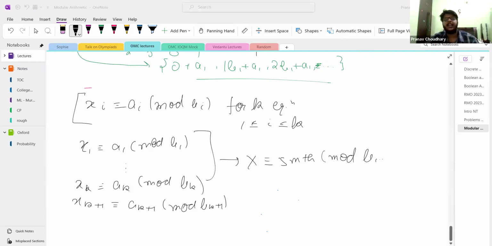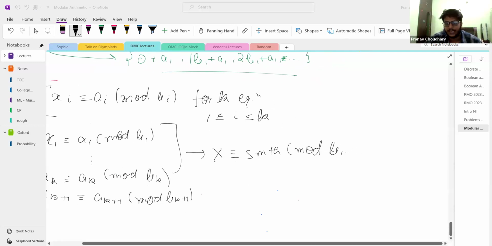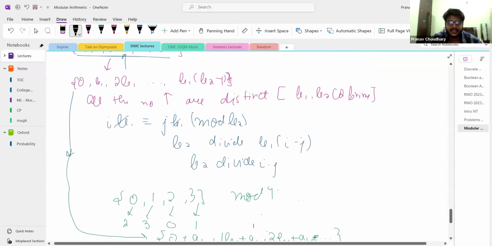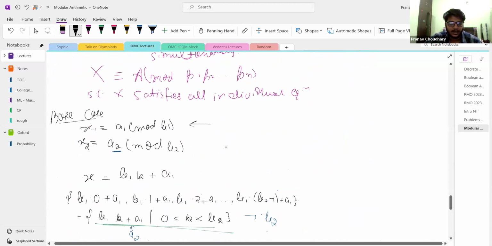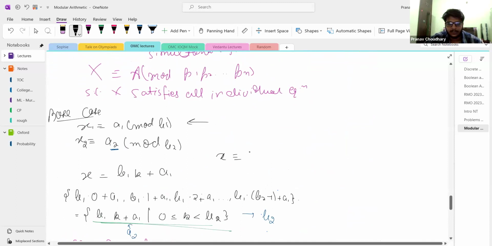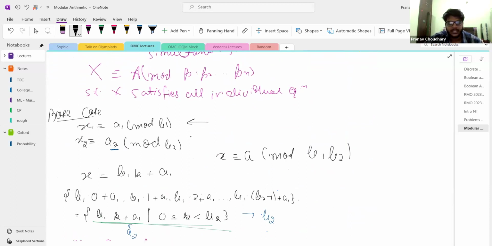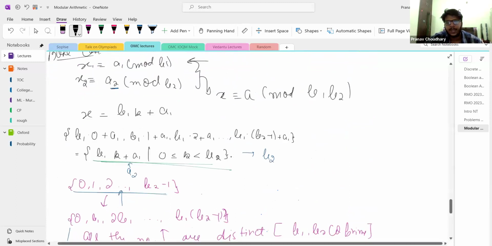You are saying x is congruent to something mod something. What is this something here? I never said that this thing is equal to mod b1 b2. The solution that you get here, x is congruent to some a mod b1 b2, is the general solution for these two equations, right?